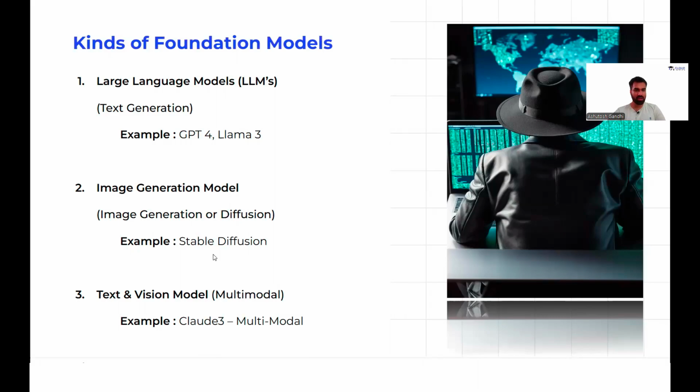Then we have a smaller category of models known as multimodal, which deal in both text and vision models. For example, Claude 3 is a multimodal model. Now let us head over to the console to have a look at some of these models that are provided by AWS.